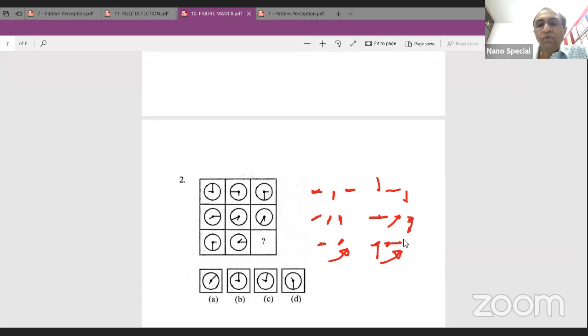So here we can expect the hour hand now to move further in the anti-clockwise direction. So the hour hand is moving anti-clockwise.